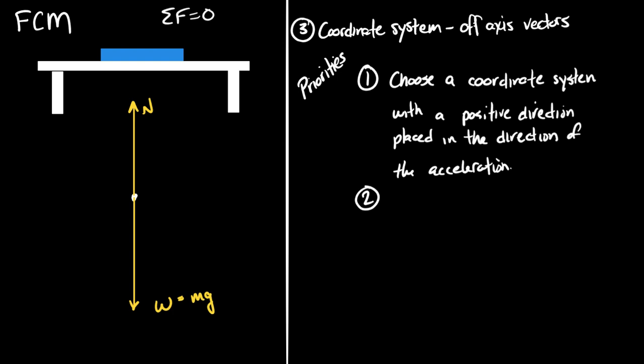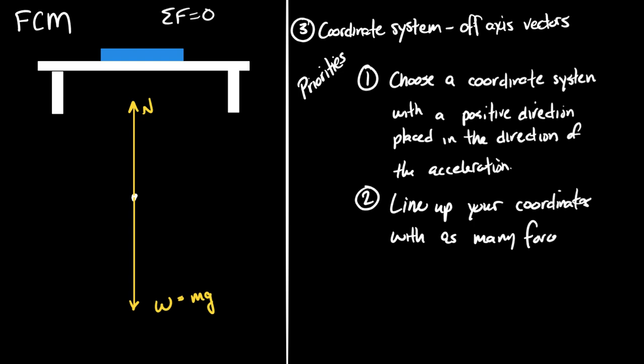So the second priority is to line up your system with as many forces as possible. Now, I have to say this because there's going to be like one or two of you in every class that thinks that you can draw X and Y any which way.